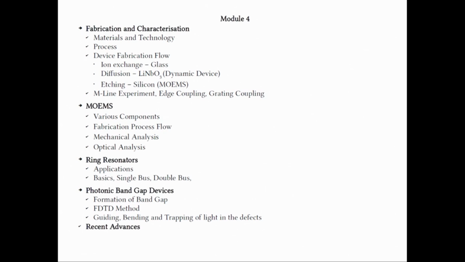The formation of a band gap is an important problem. We said that a photonic crystal or photonic band gap structure is a periodic refractive index variation, and due to that you have what is called the band gap. Only certain frequencies are allowed to propagate, and a band of frequencies is not allowed to propagate. That is why it is called the photonic band gap structure.